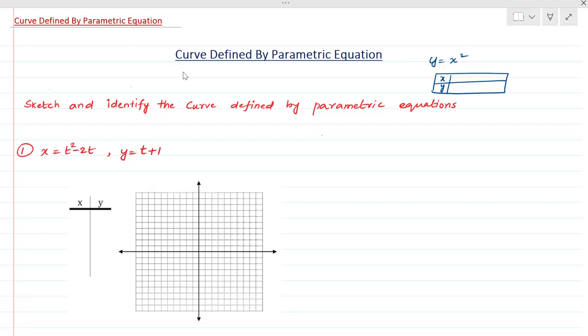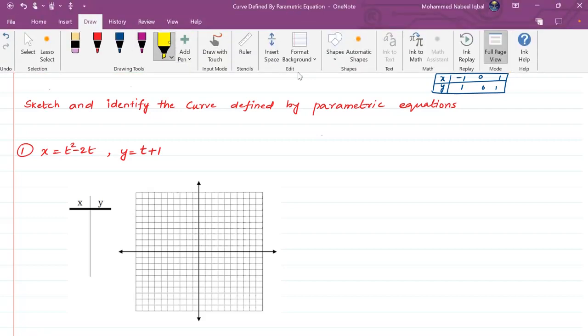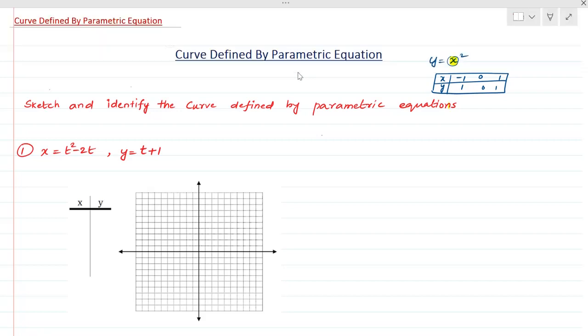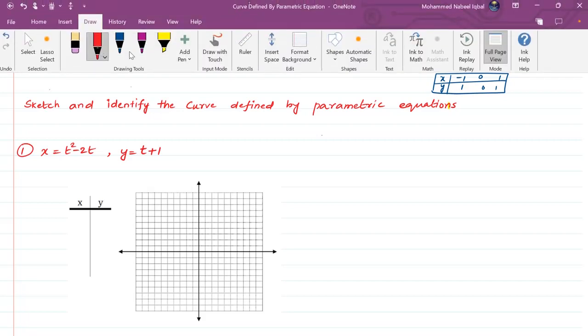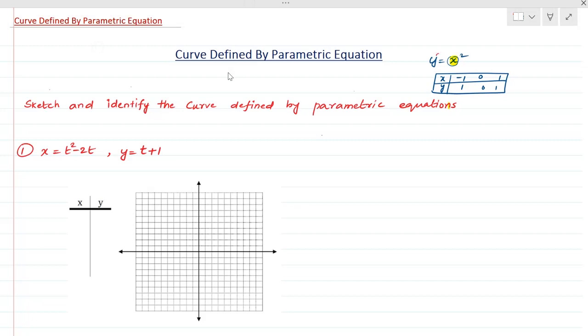We are giving the x value as -1, 0, 1. You will get the y value 1, 0 and 1. So this is an independent variable, whereas y is a dependent variable because the y value totally depends on the x value. So when it is only one function, we will do it like this.